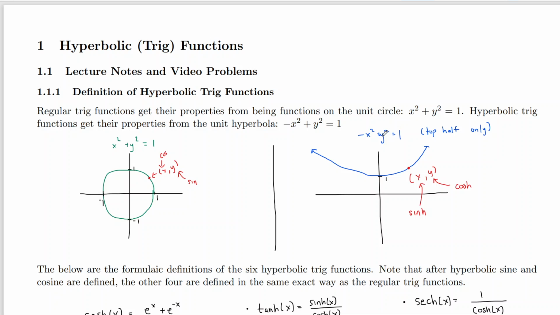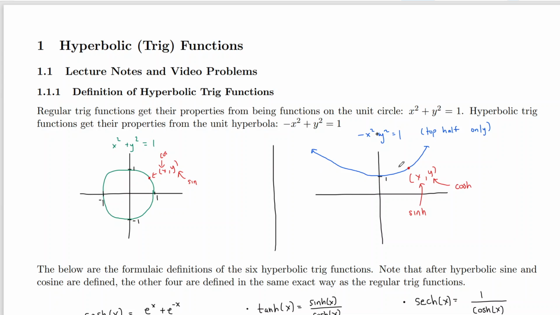It's almost the same equation. It's negative x squared plus y squared equals 1. Now, if you remember things about hyperbolas, like circles, they are basically what's called 2 to 1, meaning if you draw a vertical line through the graph, it's going to hit it twice.